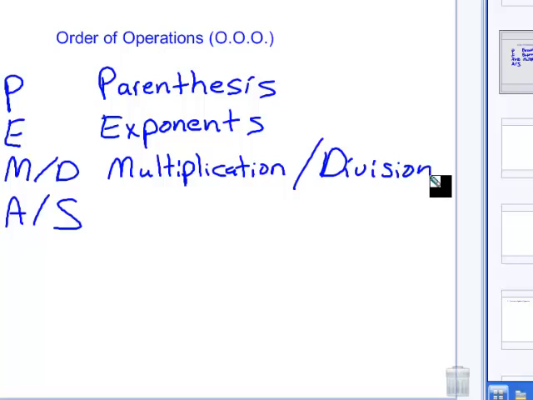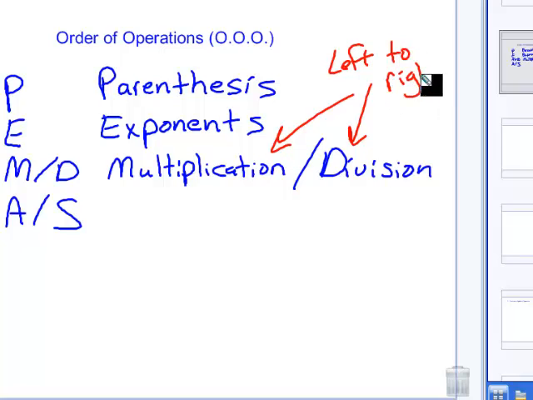And that doesn't mean we always do multiplication before division. If you remember correctly, for this and this, we just go left to right. Remember? So if multiplication is furthest left, we'll do that first. If division is furthest left, we'll do that first. Okay, the same rule applies for addition and subtraction.